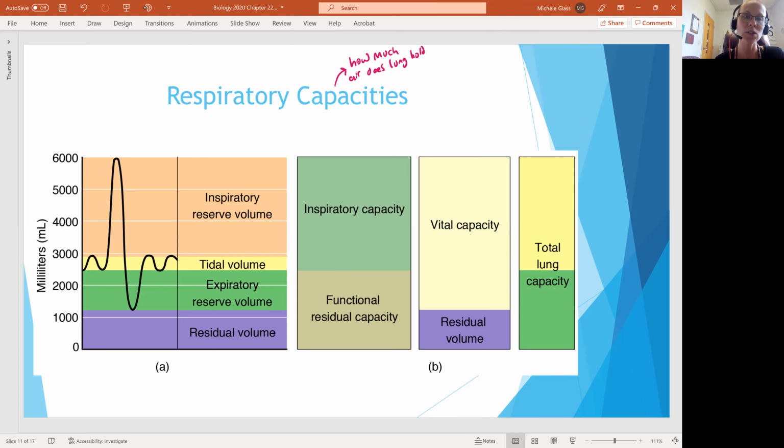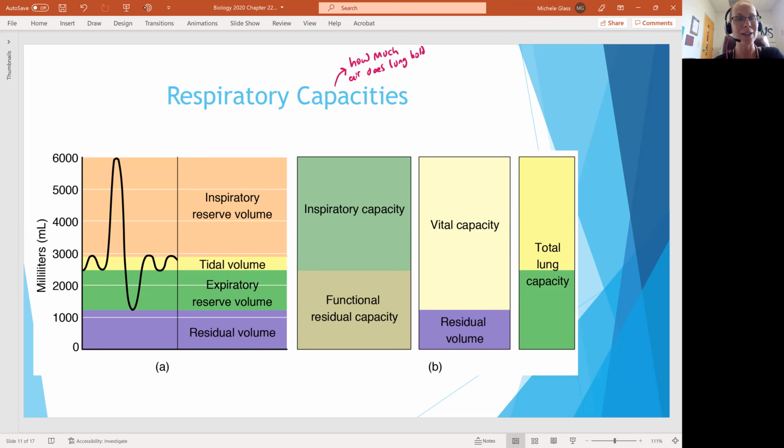And so we can also write these out as equations if you super love equations, or we can just write them out in words, so we can think about them either way. So let's look first at what's called your total lung capacity. The total lung capacity includes all of the volumes.